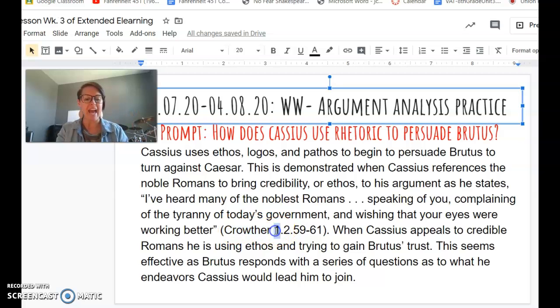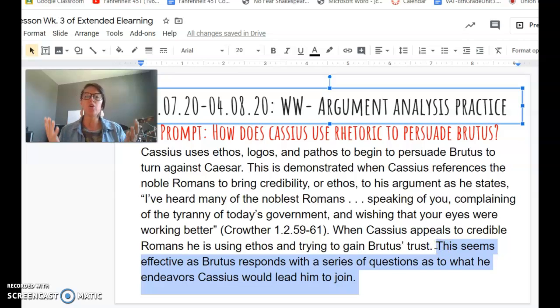I then include the act, the scene number, and the lines from the original text that would include the quoted pieces of evidence that I've used. Next, I talk about how the appeal is being used. And then lastly, I talk about how I know it's effective. Rhetorical appeals cannot be successful if you don't discuss the effectiveness of the appeal on the character that we're trying to persuade.